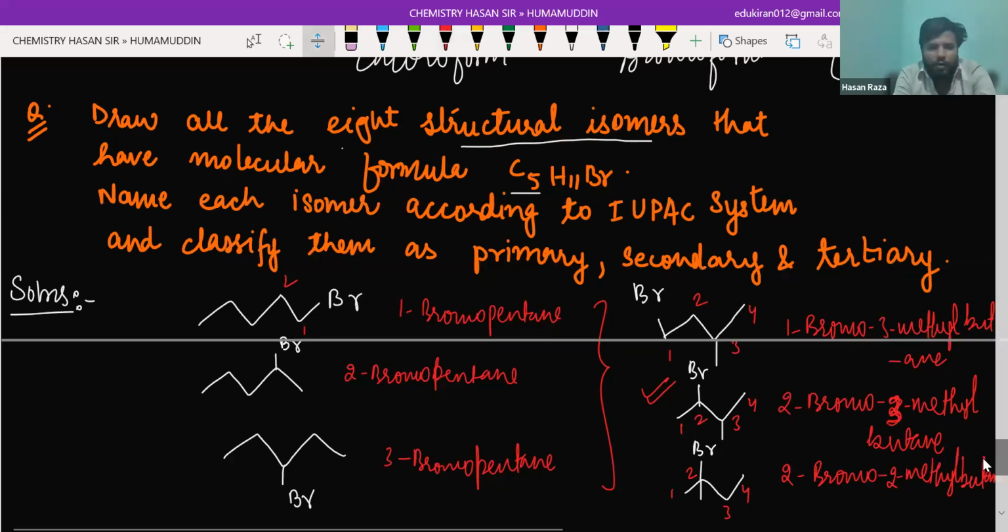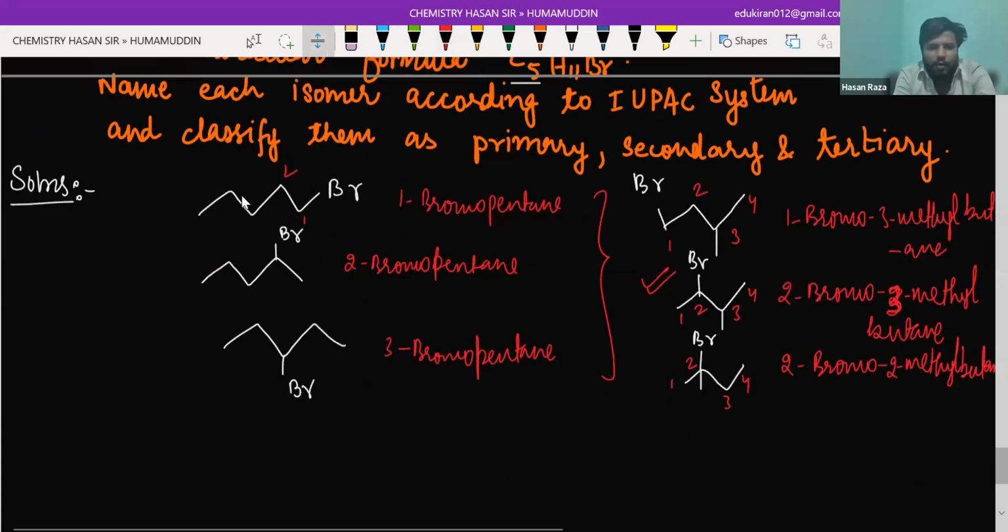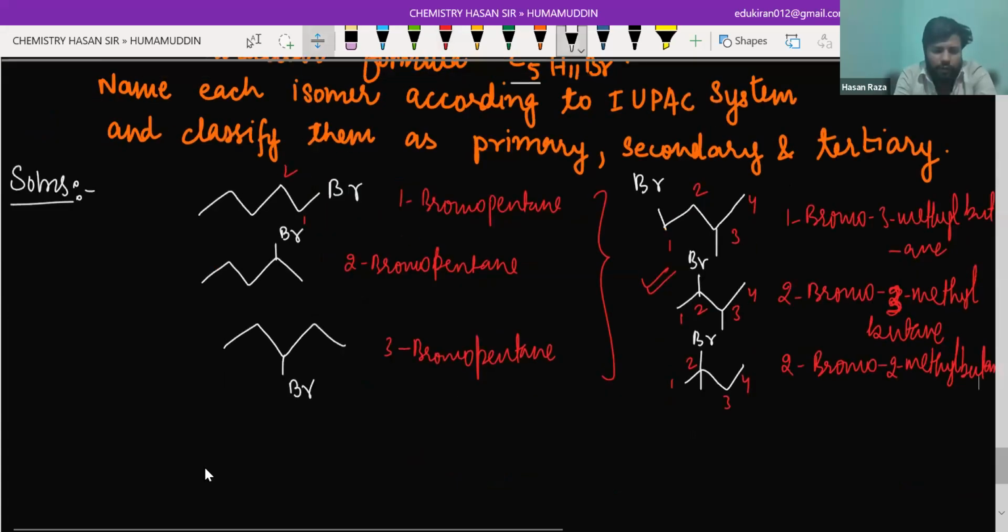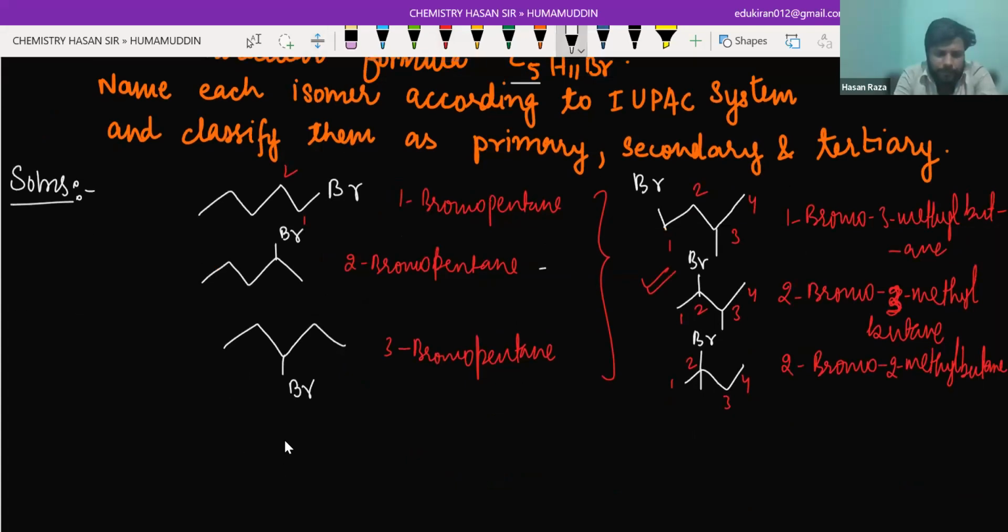Now we need to go for 2 more structures, which are also very easy. Now I can write like this. 1-bromo, 2-methyl. Are we done with this? No. So bromine here and methyl here. So you can see 1, 2, 3, 4. So the name will be 1-bromo, 2-methyl butane.